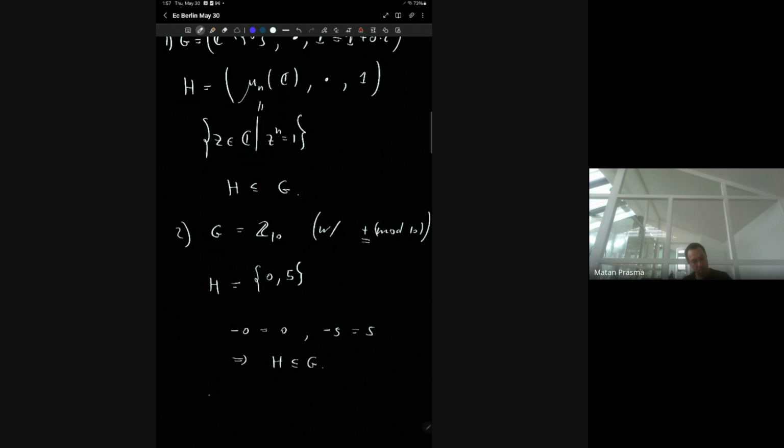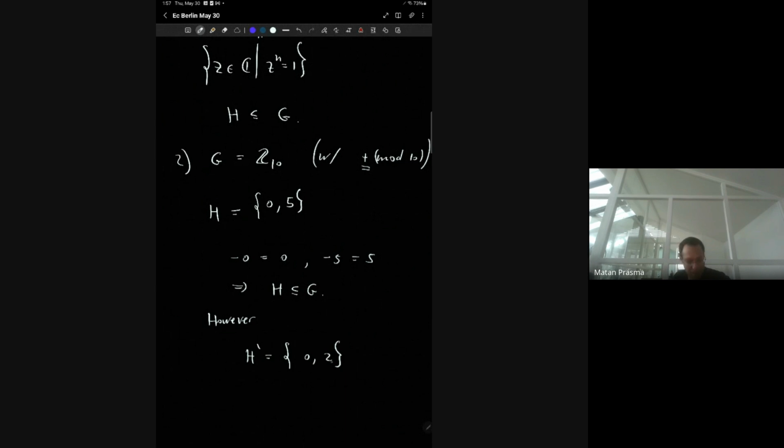However, if I take the set H prime to be 0, 2, for example, then it is not a subgroup. Because, well, for many reasons.